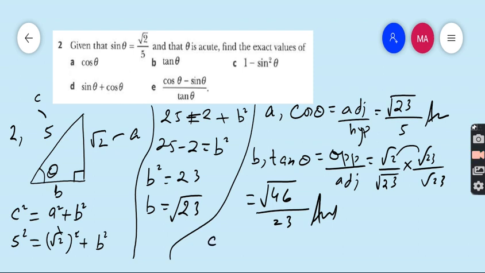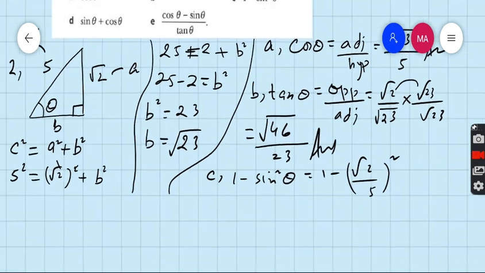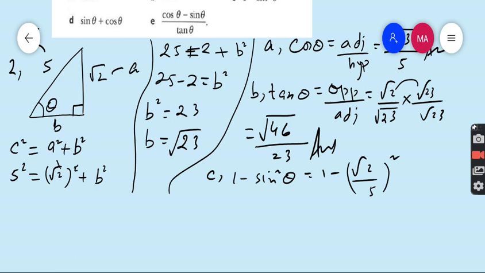Come to part C. Part C is 1 minus sine square theta. Sine theta is given, which is root 2 upon 5, squared. One minus, square and root cancel, 2 upon 5 square is 25. 25 ones are 25. 25 minus 2 is 23 upon 25.